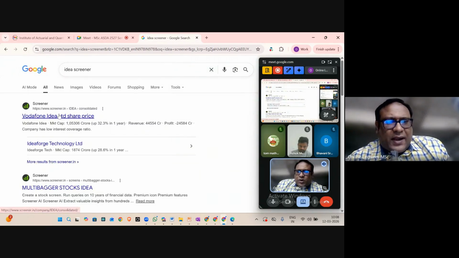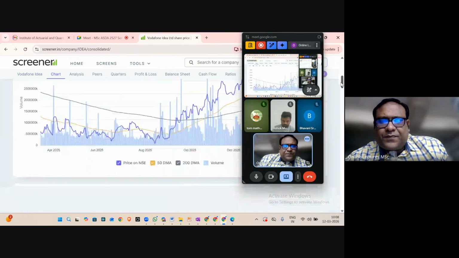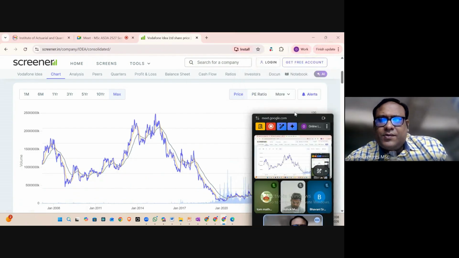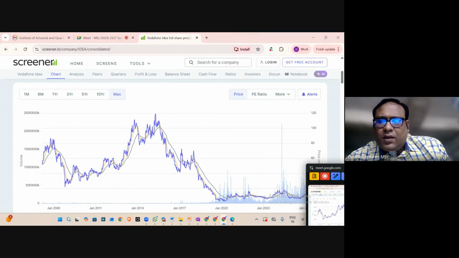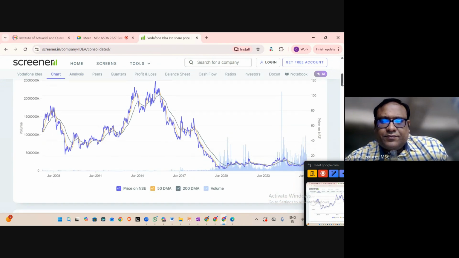Tom, have a look at the stock prices of Idea, let's say for the last 10, 15, 20 years. Can you see it on screen? So everybody understands that post Reliance entering this market, the value is totally destroyed in Idea, right?